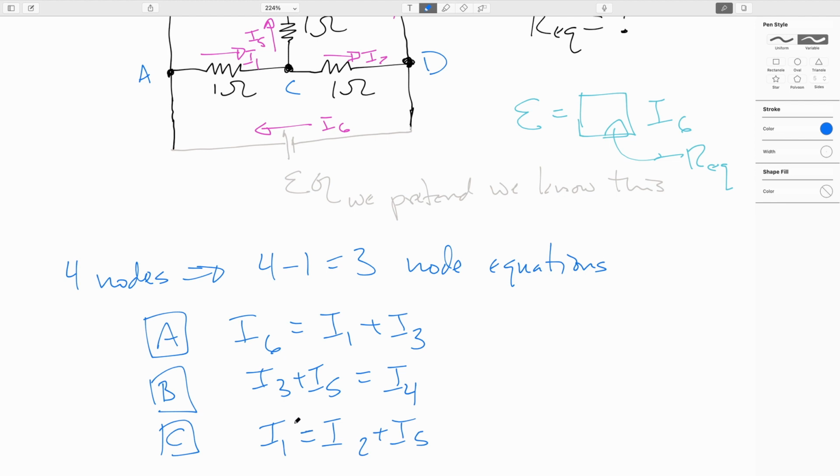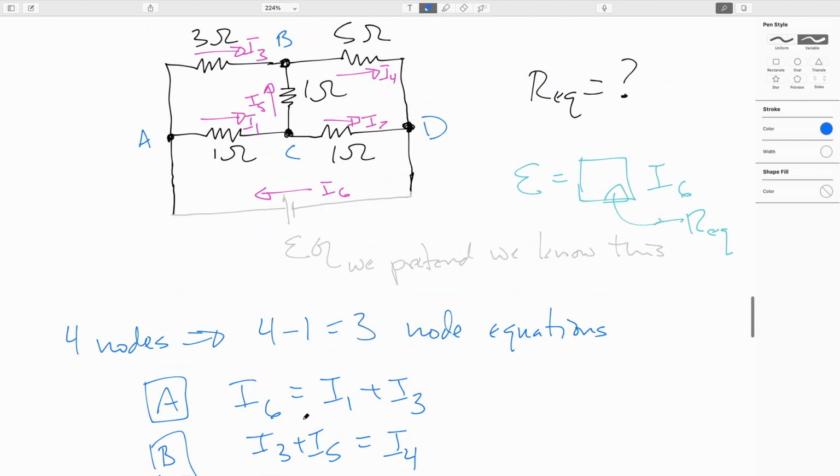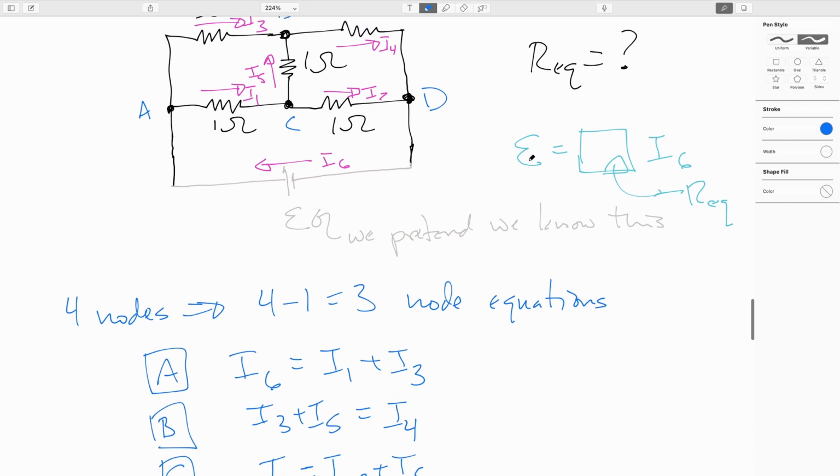All right, so that's it for node equations. And if we take a look at this, what do we have? We're trying to solve for the EMF. Actually, we pretend we know I6 would be a better way to think about it. We're trying to solve for the EMF in terms of I6.